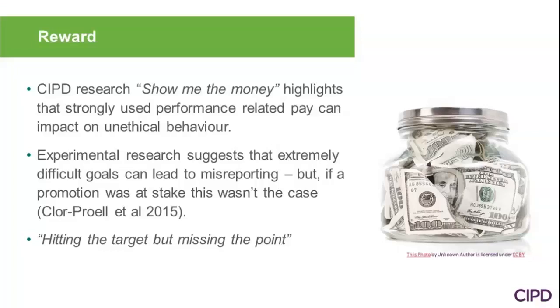So really it's all about whether our reward strategies and targets might mean that people try and hit the target but miss the point. So think about the ethics and the long-term outcomes of their behaviour. So great if you hit your sales target, but if it's done in an unethical way or not in a long-term sustainable way, then it's not going to have good long-term outcomes.